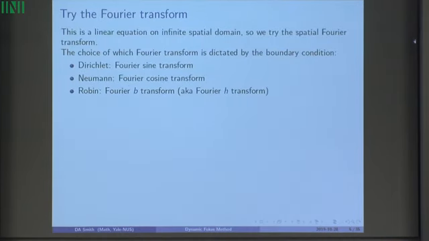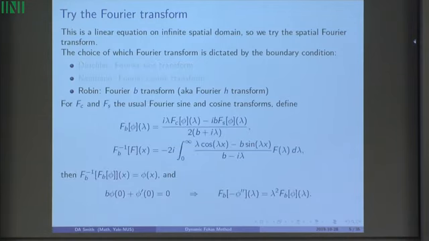This is a classical problem as long as B is constant. It's a linear equation on an infinite spatial domain, so we ought to use a Fourier transform, right? But which Fourier transform? If we were looking at a Dirichlet problem for the half-line heat equation, we'd want the sine transform. For a Neumann problem, we want the cosine transform. And for a Robin problem, we want the Fourier B transform, also often known as the Fourier H transform. I'm calling it the B transform because my Robin coupling constant is called B. Just to remind anyone who might have forgotten, this is defined in terms of the cosine and sine transforms.